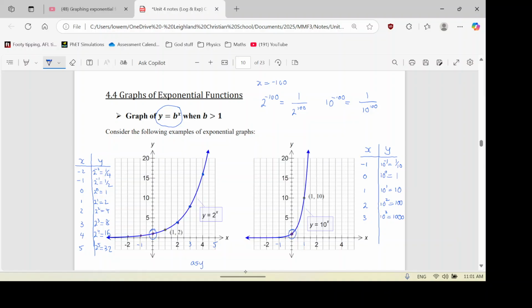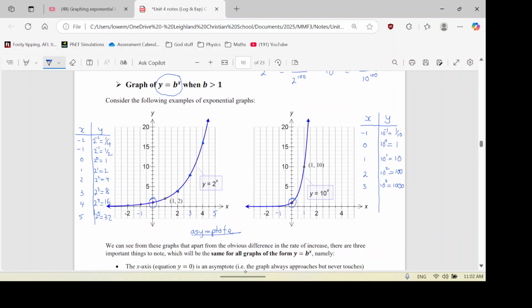Asymptote is spelled A-S-Y-M-P-T-O-T-E. An asymptote is simply a line, like an imaginary line if you like, that a curve will approach but never actually touch. And that's the situation here with these exponential functions.